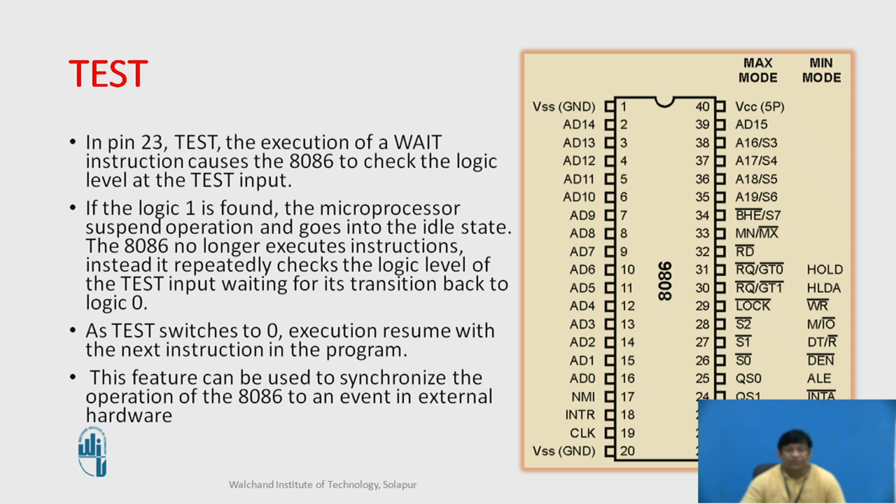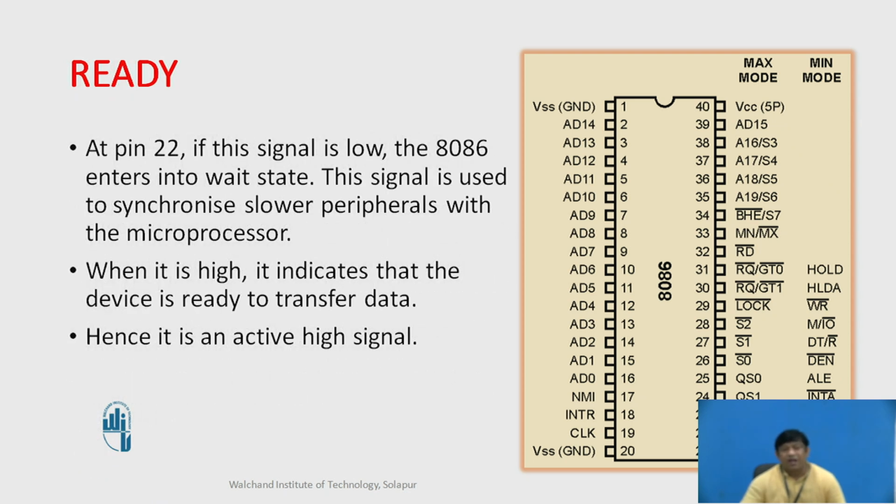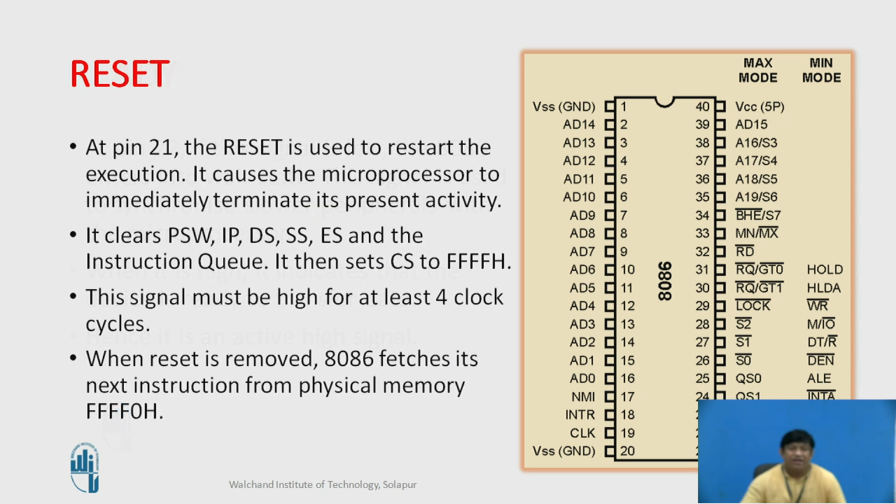This feature can be used to synchronize the operation of the 8086 to an event in external hardware. READY at pin number 22. If the signal is low, the 8086 enters into a wait state. This signal is used to synchronize slower peripherals with the microprocessor. When it is high, it indicates that the device is ready to transfer the data, hence it is an active high signal.